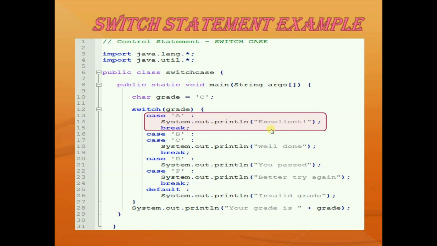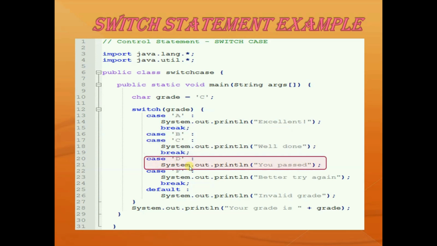In this way you can define multiple conditions inside your switch statement. For example, if grade is B or C, then I will say "Well done", or if it is D, then I will say "You passed", and if it is F, then I will say "Better try next time".